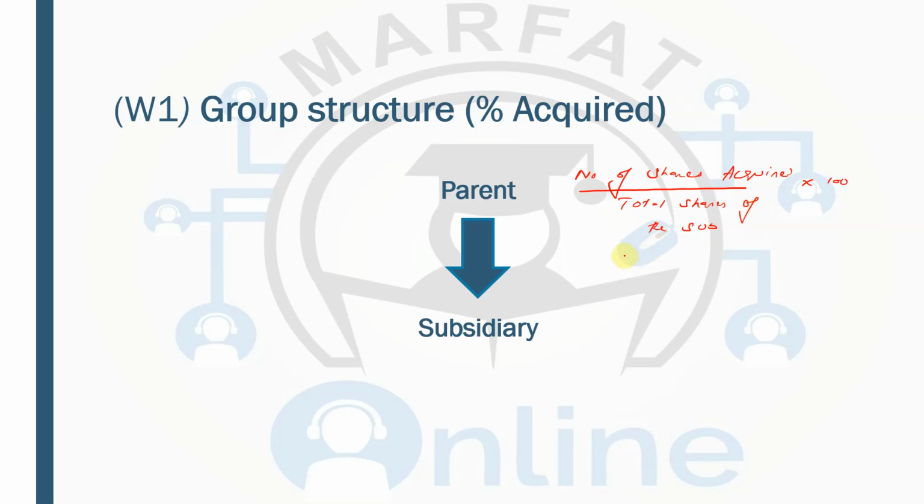Let's assume 60,000 shares have been acquired, and the total number of shares of the subsidiary is 100,000. Multiply by 100, then it is going to give you 60%. So 60% shares have been acquired by the parent in the subsidiary. This is working number one.